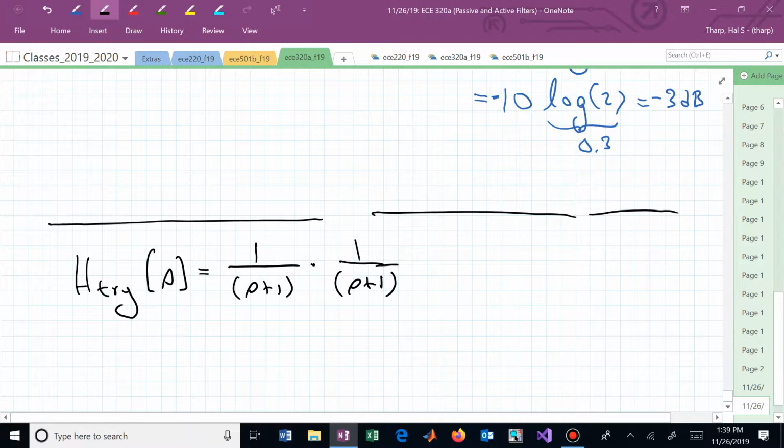Does that preserve the same bandwidth? Is my magnitude at 1... both poles are at minus 1, right? Both poles are at minus 1, and I'm going to have a roll-off of minus 40 dB per decade. But have I preserved my 3 dB bandwidth at omega equal to 1?